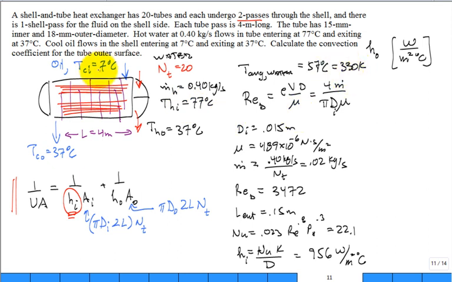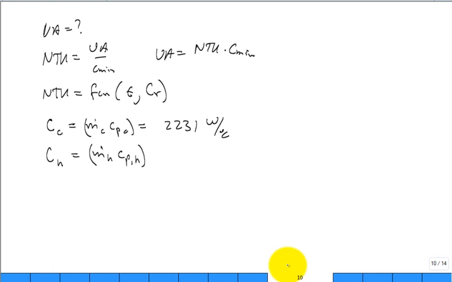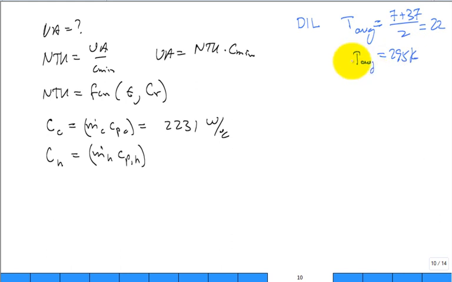What about the oil? I skipped that a little bit, didn't I? For the oil, you calculate the average temperature: the temperature coming in of 7 plus the 37 divided by 2. It comes in at an average of 22 degrees C, which is 295 Kelvin. And so we get the fluid properties for oil at that 295.